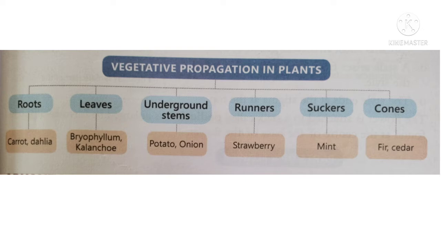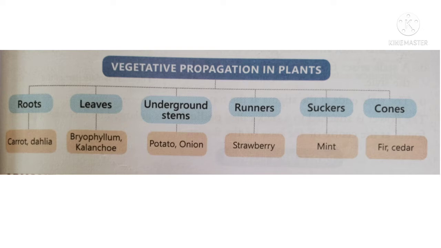This is totally about vegetative propagation in plants. The examples for roots are carrot and dahlia. So we grow carrots from its roots and we grow bryophyllum from its leaves.